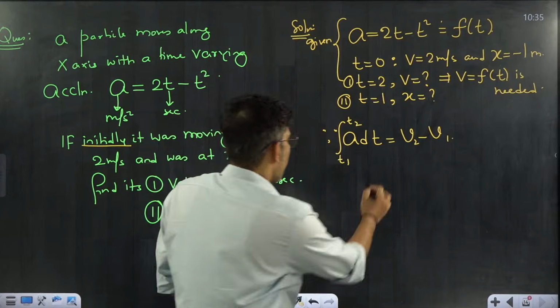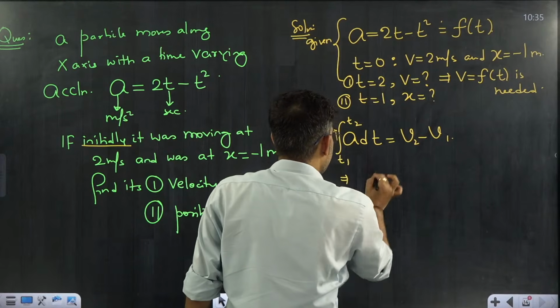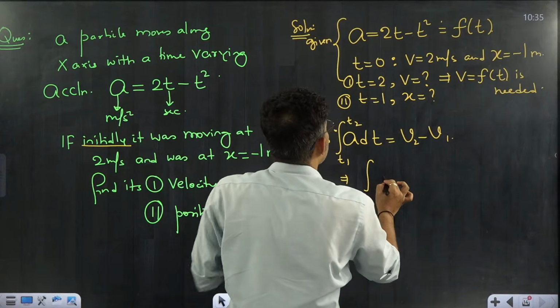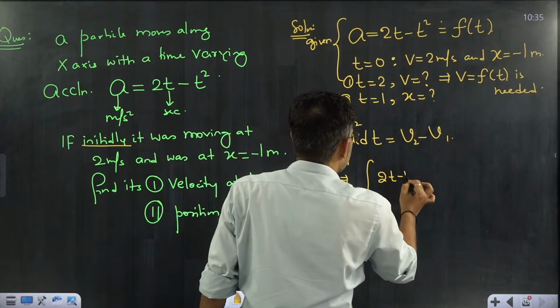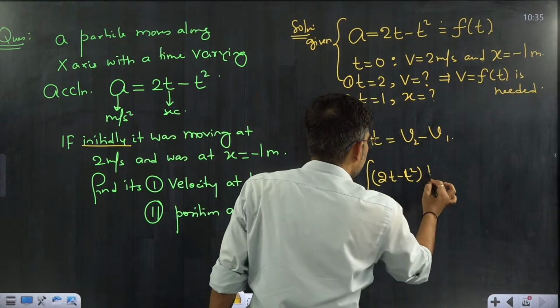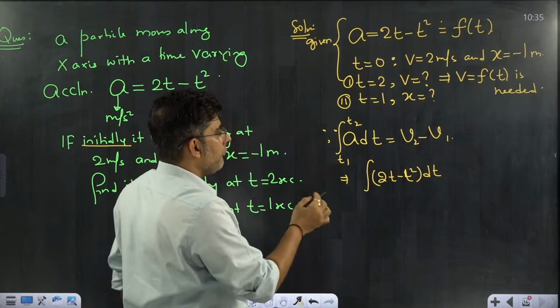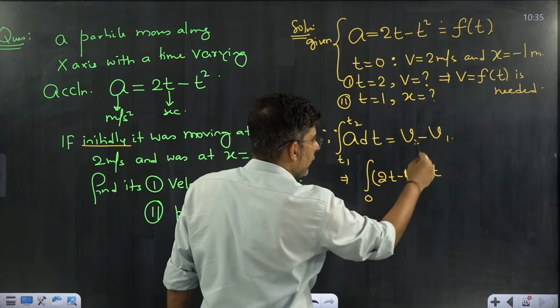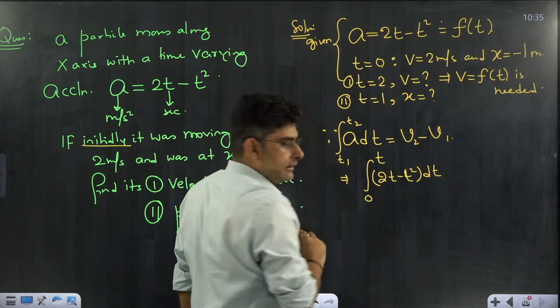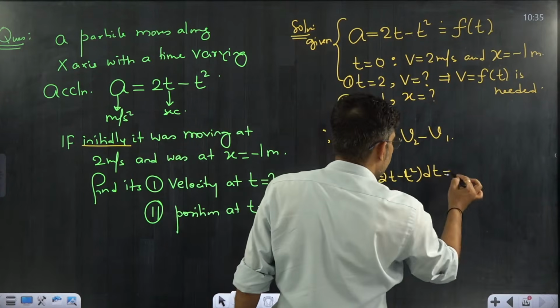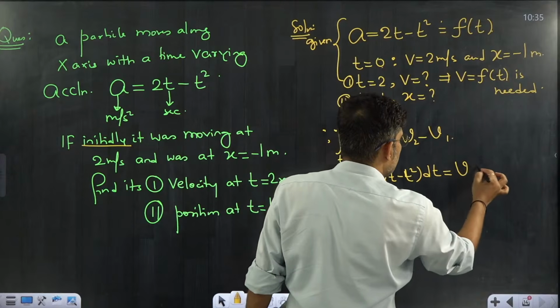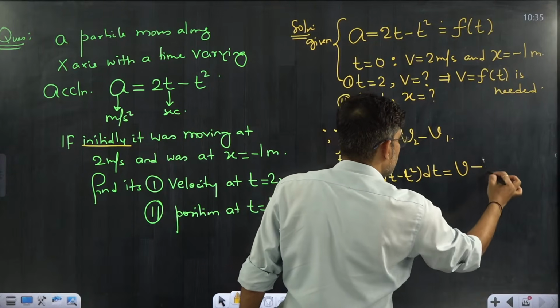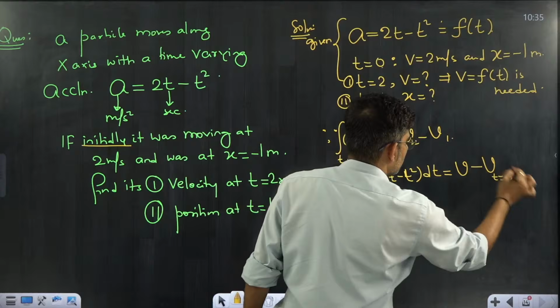So now if I integrate acceleration, which is given as 2t minus t square, with respect to time from t equals 0 to t, on this side I will write v at time t minus v initially, v at t equals 0.